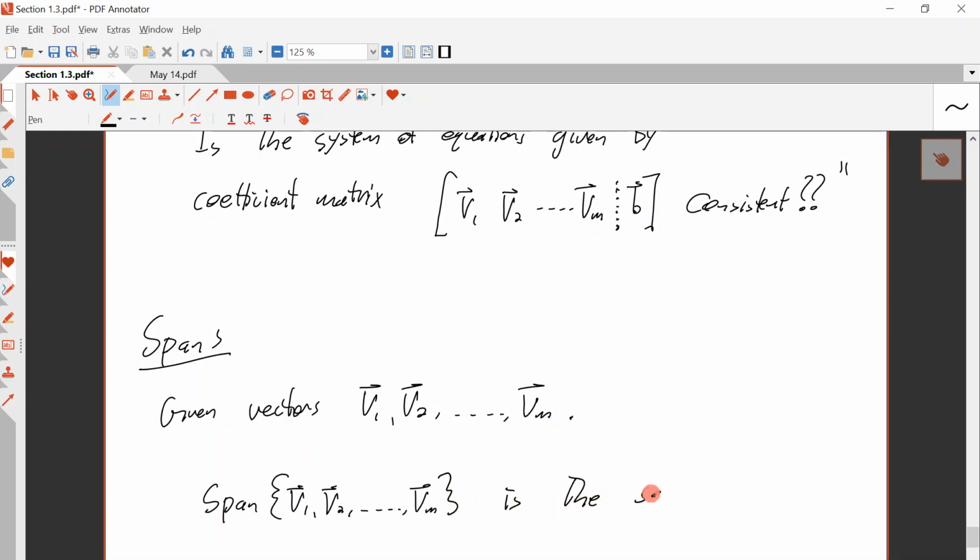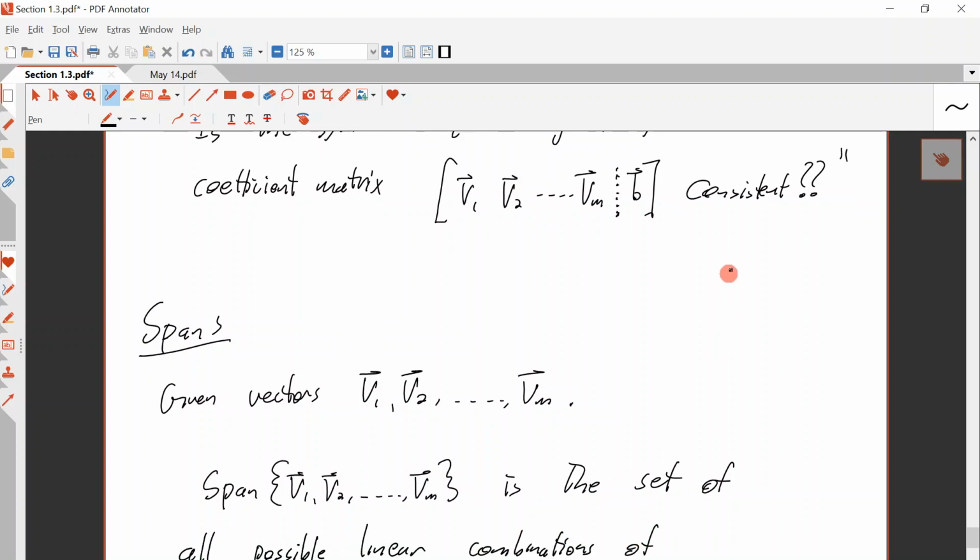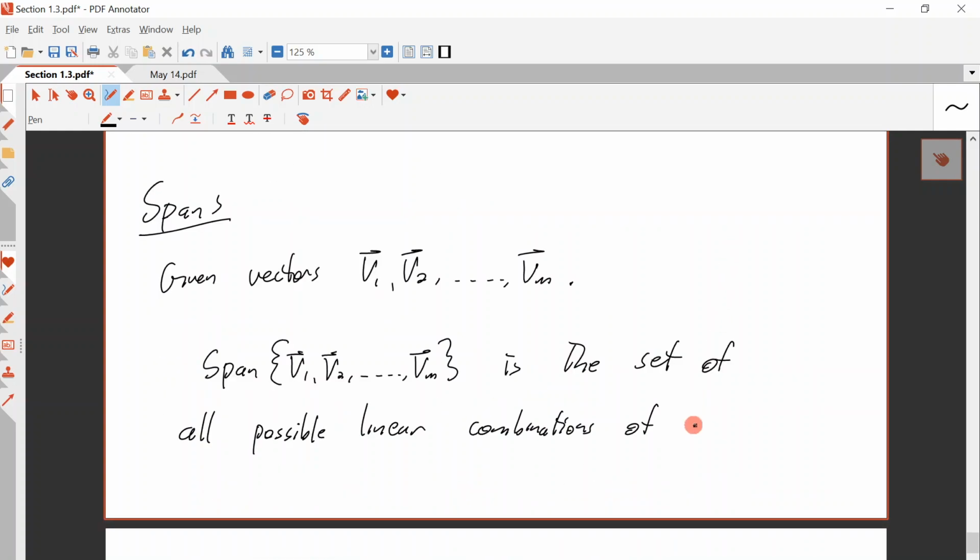is the set of all possible linear combinations of v1 to vm. Okay, all possible linear combinations.